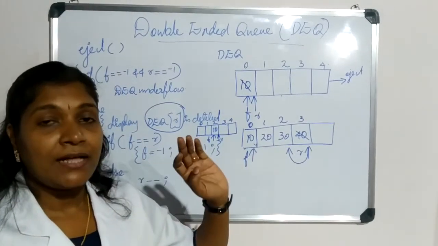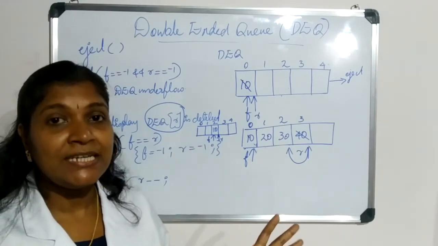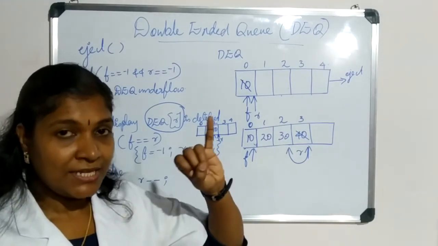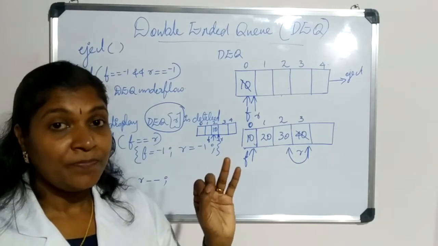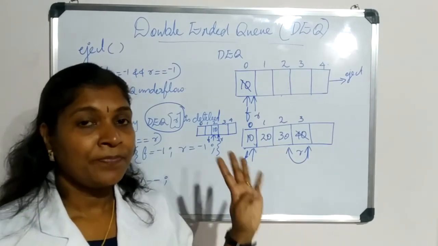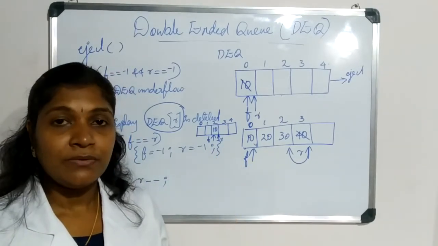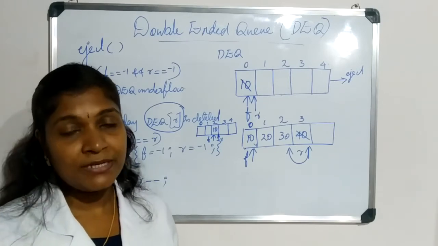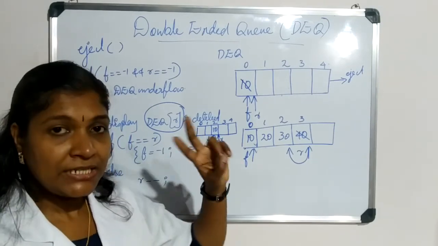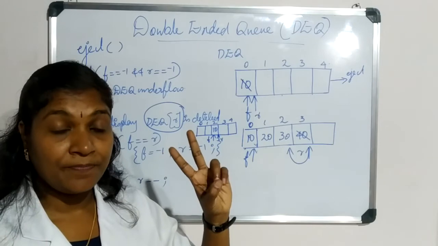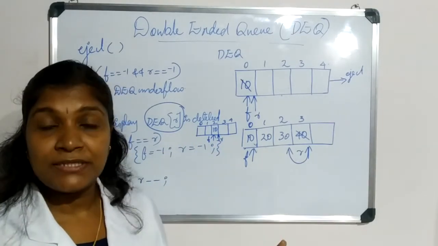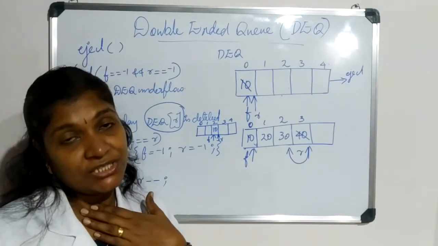I repeat, there are 4 operations in a double-ended Q. Which are the operations? NQ, DQ, inject and eject. NQ and DQ are the same as those of our normal Q operation. In addition, we have discussed 2 operations: inject and eject.